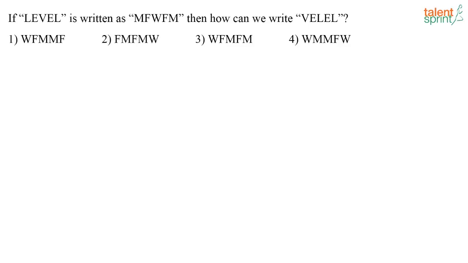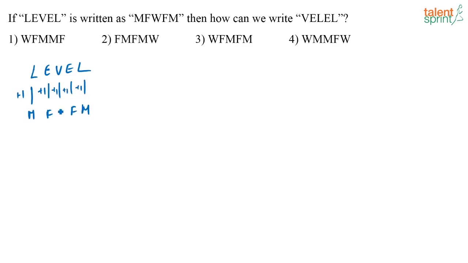If LEVEL is written as MFWFM, how will you code VEL? Very easy question. Let's do the easy questions faster, right? Let's not waste time on easy ones. So how do you do this? LEVEL: L plus 1 is M, correct? Again E plus 1 is F. So basically you're doing plus 1 everywhere in all of these steps.